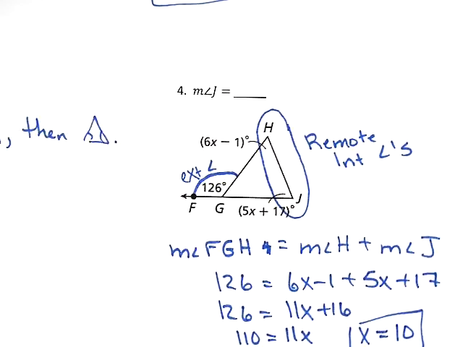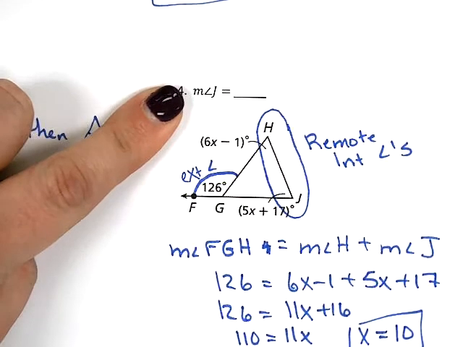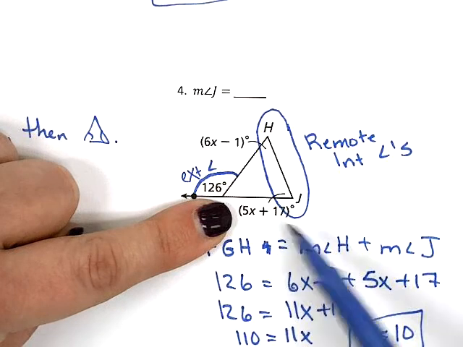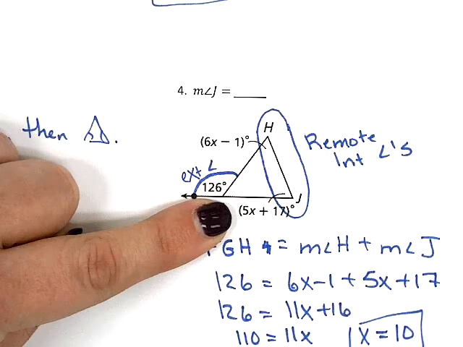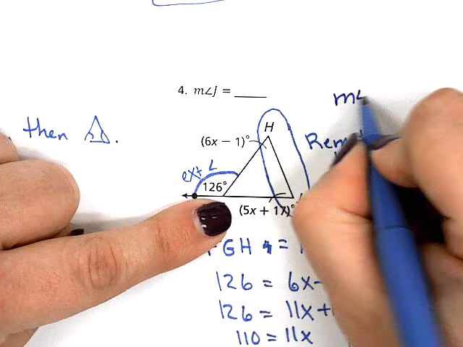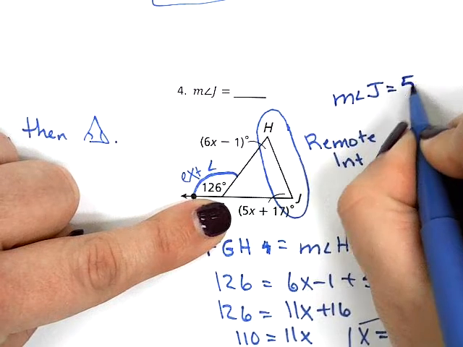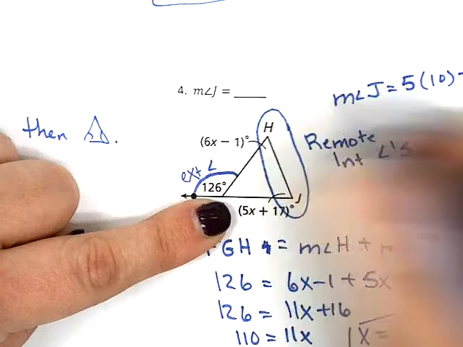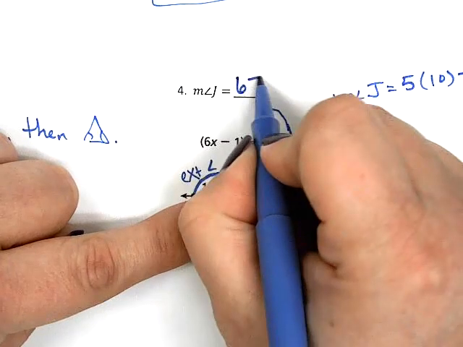Okay, but the overall question asks for the measure of angle J. Angle J is down here, that's the 5x plus 17. If we plug 10 in there, 5 times 10 plus 17, so 50 plus 17, we get 67 degrees.